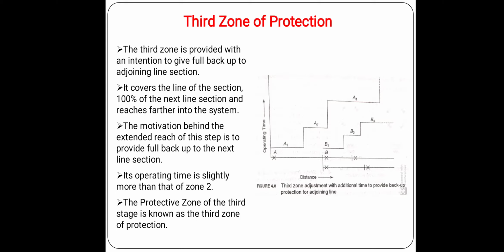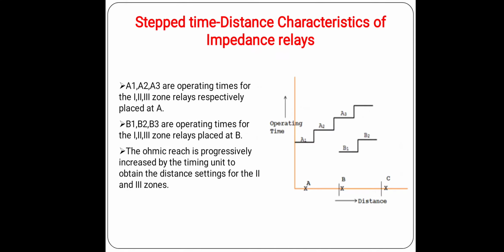If we are talking about the step time distance characteristics, which is very important, here we will see that in the step time distance characteristics, A1, A2 and A3, these three steps are the operating times for zone first, zone second and zone third respectively, which are placed at point A.